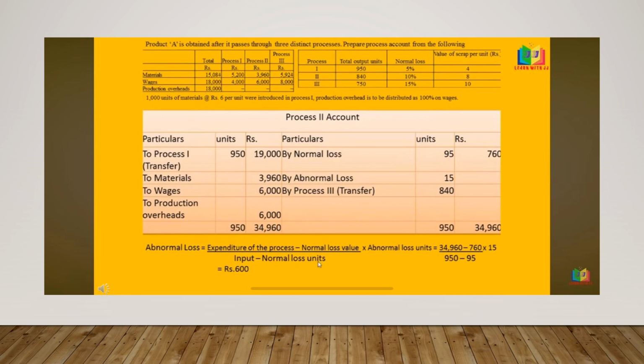So now the amount for abnormal loss is calculated using the following formula.